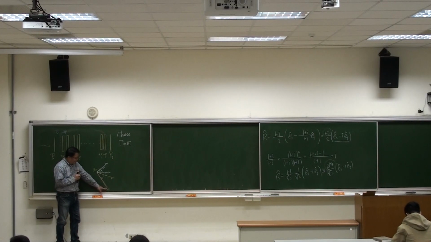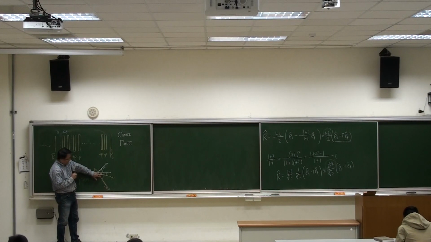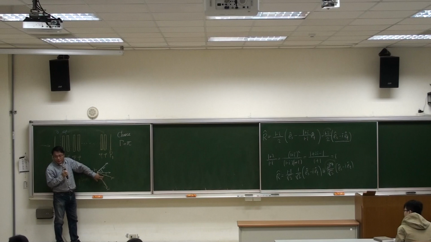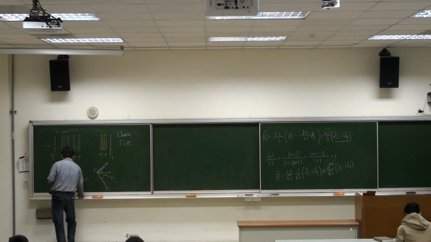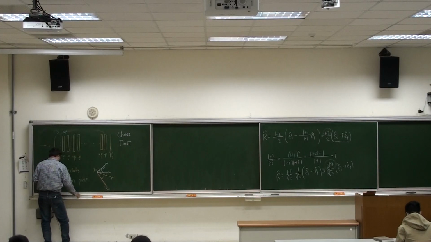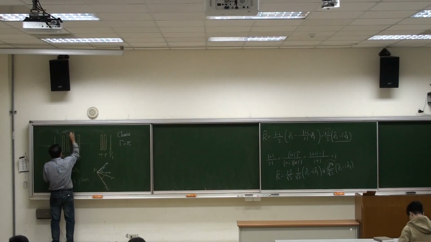Negative 4 rho. The angle between negative 4 rho and minus rho is 3 rho. So now this becomes negative 4 rho.